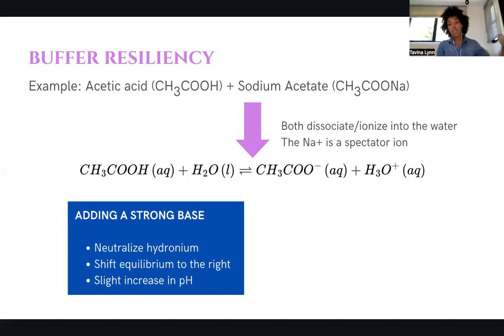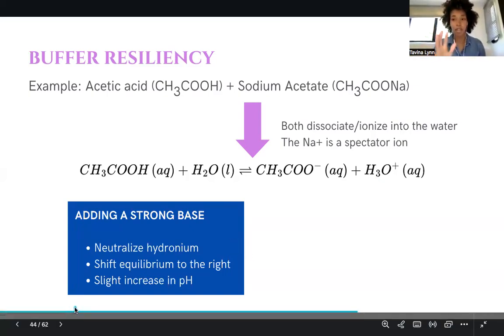As a result, the equilibrium is going to shift right to make more hydronium ions. So we will see a slight increase in pH, which we would expect because we've added a strong base, but essentially that equilibrium will be restored. So it'll be a slight increase, but not significant, generally speaking. And I'm going to come to when that's not the case.